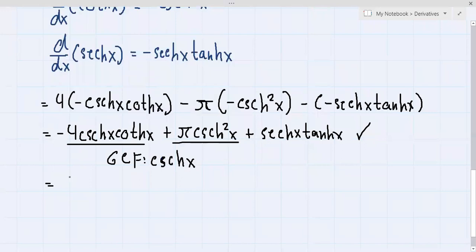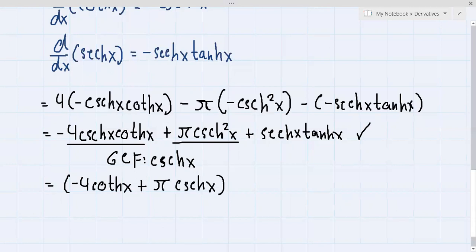We can have the quantity negative 4 times cotangent hx plus pi times cosecant hx, then times cosecant hx, then copy the rest of the terms that are not included in the factoring.